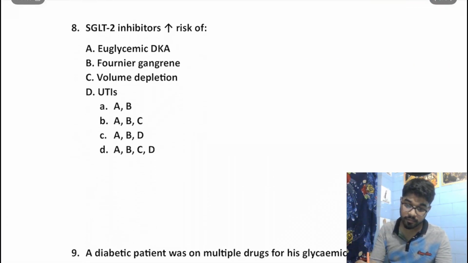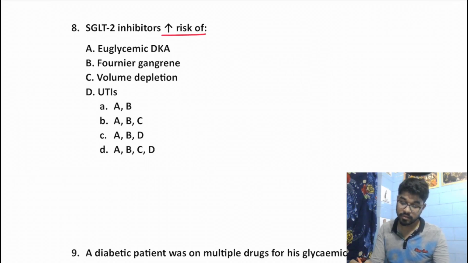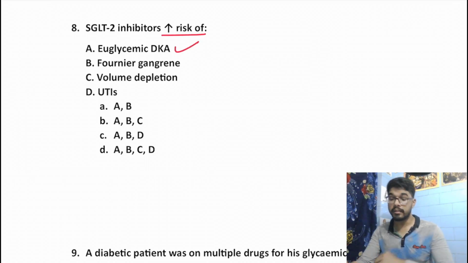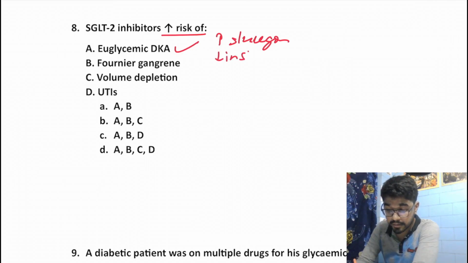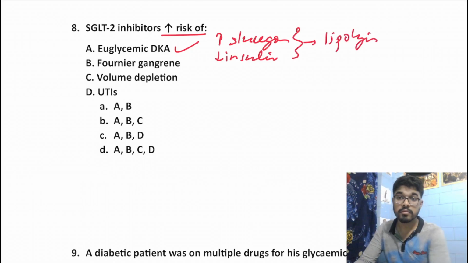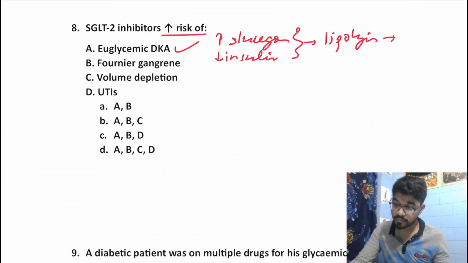Now, SGLT2 inhibitors increase the risk of euglycemic DKA. Yes, we have read that there is a mild increase in glucagon. There was already a decrease in insulin in the patient, right? These two factors lead to lipolysis, and this lipolysis is responsible for ketogenesis, right?